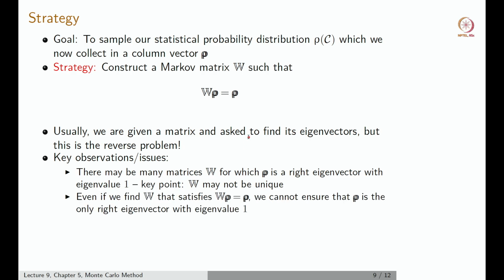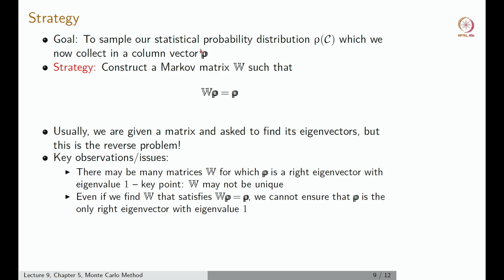Second, even if we find a W for which W rho is rho, we cannot ensure that rho is the only right eigenvector with eigenvalue 1. Because if there is another eigenvector with eigenvalue 1, then that could also be a steady state, and that probability distribution may be different from the Gibbs distribution that we want, and we may run into trouble.